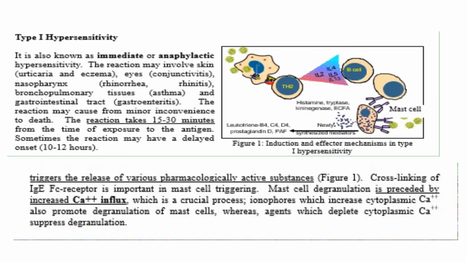Mast cell degranulation is preceded by increased calcium influx, which is a critical process. Ionophores, which increase cytoplasmic calcium, also promote degranulation of mast cells, whereas agents which deplete cytoplasmic calcium suppress degranulation.